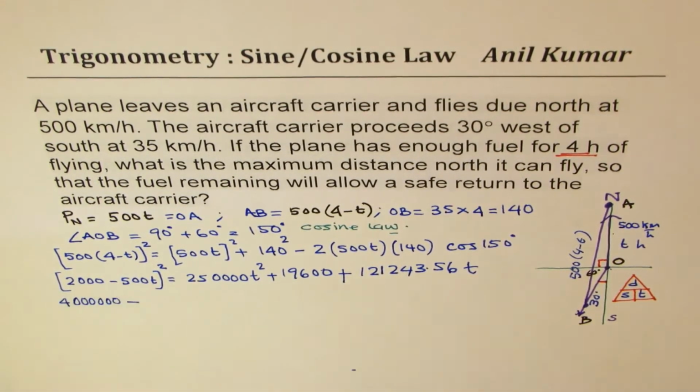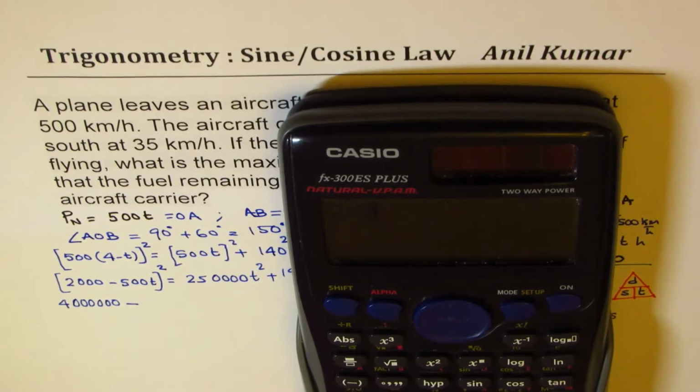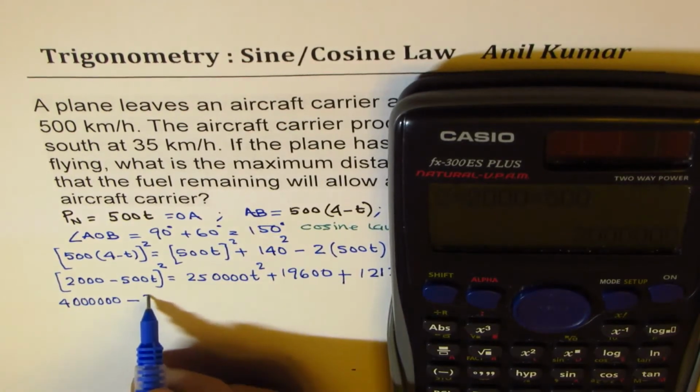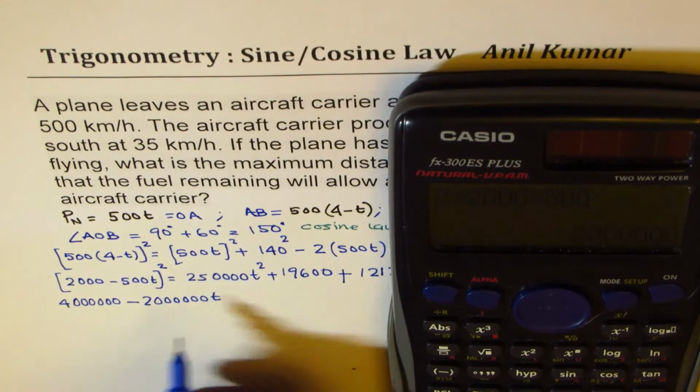Minus twice these terms. Let's do it. Which is 2 times 2000 times 500 is 2 million t, right?